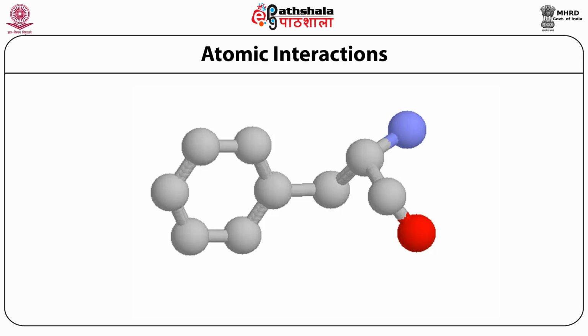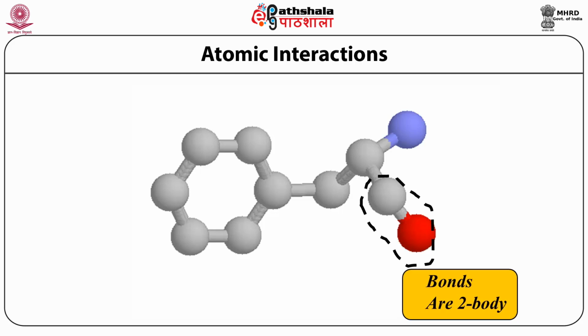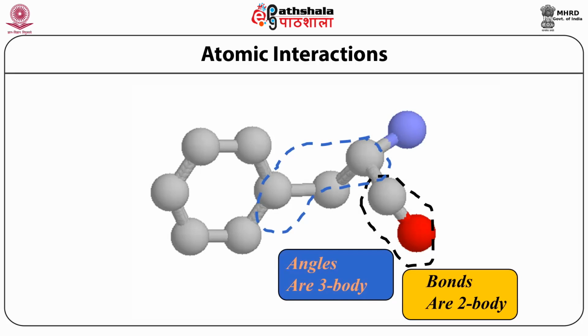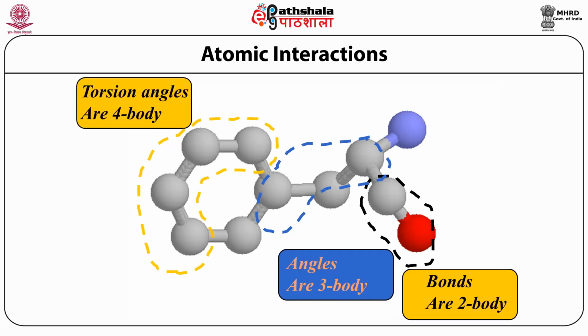If we want to define the intra-atomic or bonded interactions, then bonds are two-body problems. However, the angles are three-body problems, like the angle between C alpha, C beta and C gamma. Torsion is a four-body problem, depicted by the ring structure.